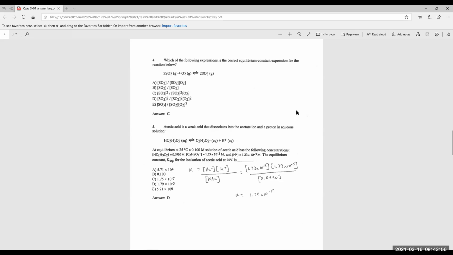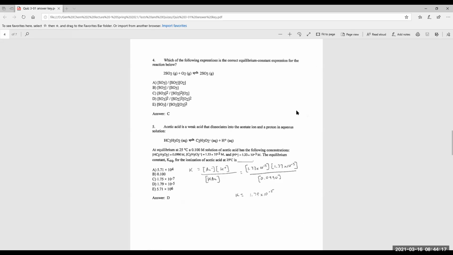So what we would do is we would look at our reaction and then products over reactants. So acetate concentration times hydrogen ion concentration divided by acetic acid concentration. That would equal K, our equilibrium constant.